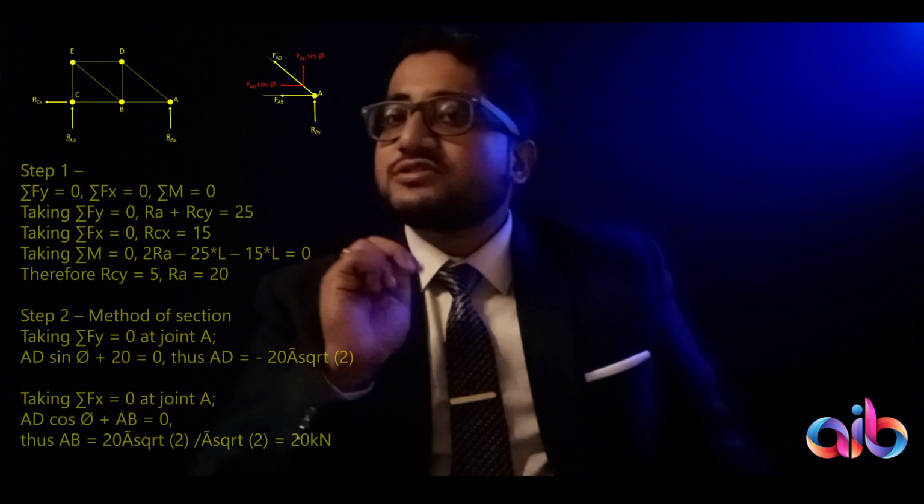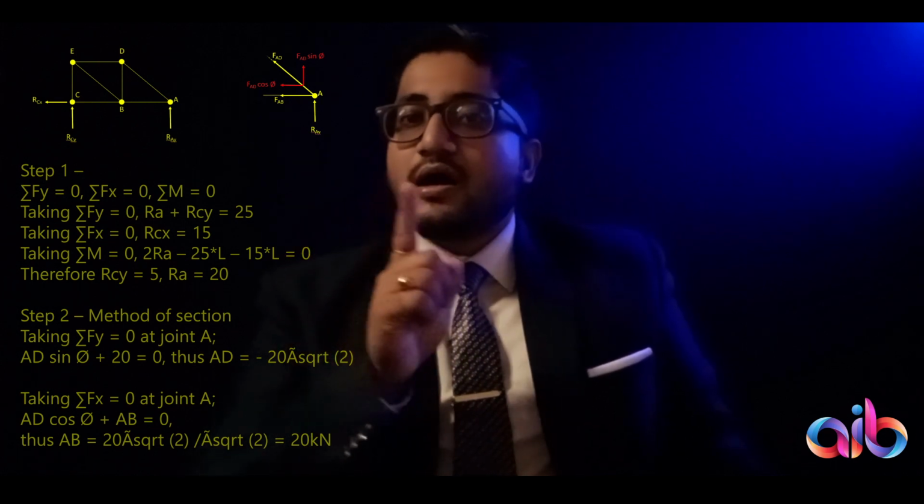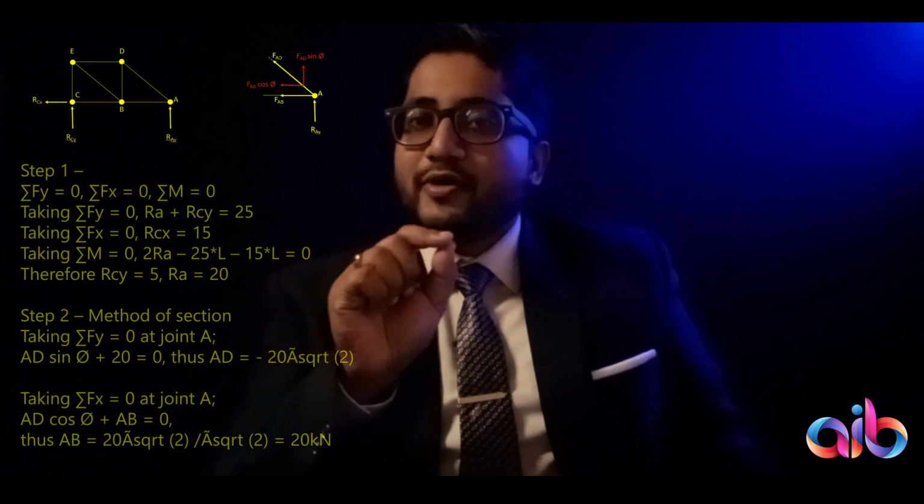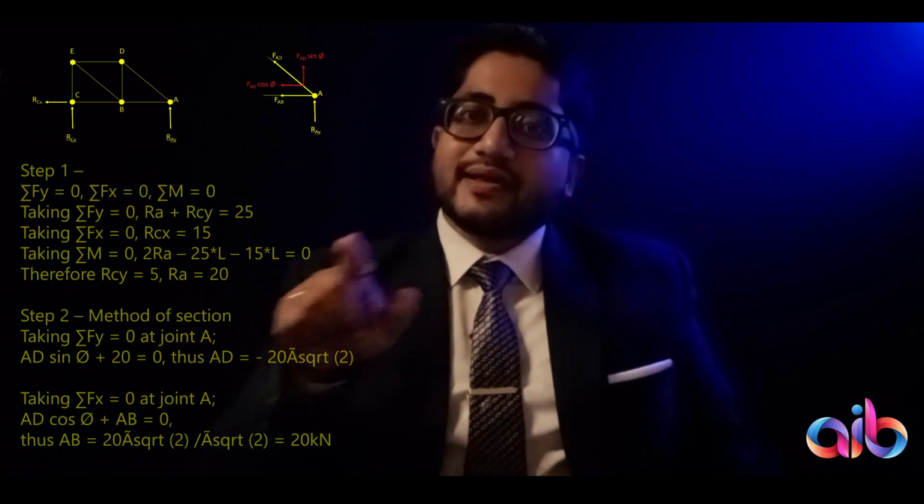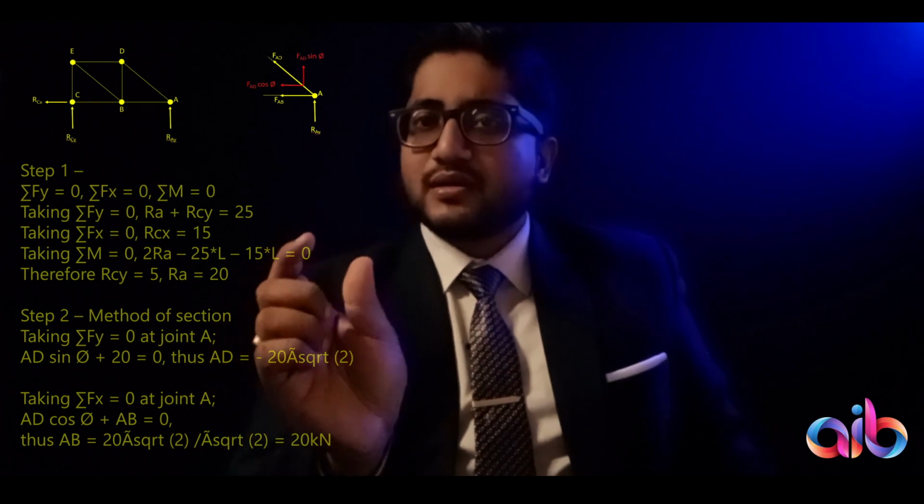But the thing is, there are 2 other forces that we have to account for. The force of 25 kilonewton is trying to rotate the entire truss system around point C in the clockwise direction. So the clockwise direction is countering the anti-clockwise direction. If I consider anti-clockwise positive, I would consider clockwise negative, just for the sign of the magnitude.